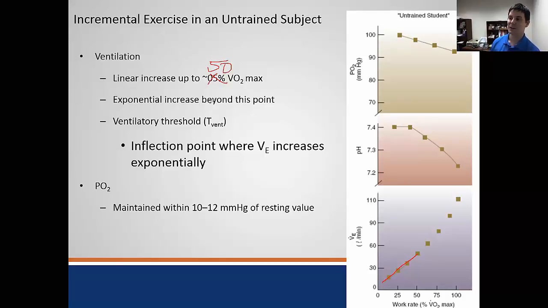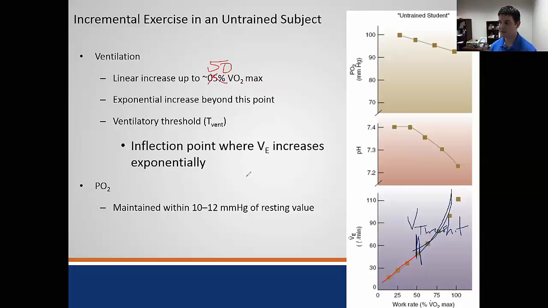So we see a linear increase up to about 50% of VO2 max, following which we see in general a change in slope, and we start to see an exponential or curved line above 50%. This exponential increase is an important point that we would denote as the ventilatory threshold, which can be denoted as T with a V, with vent, right?